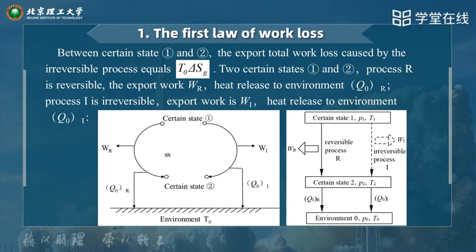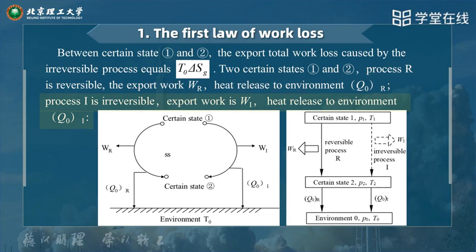We can do some calculation. For certain states 1 and 2, the process R is reversible. The exported work is WR. The heat released to the environment is Q0R, as we have assumed.